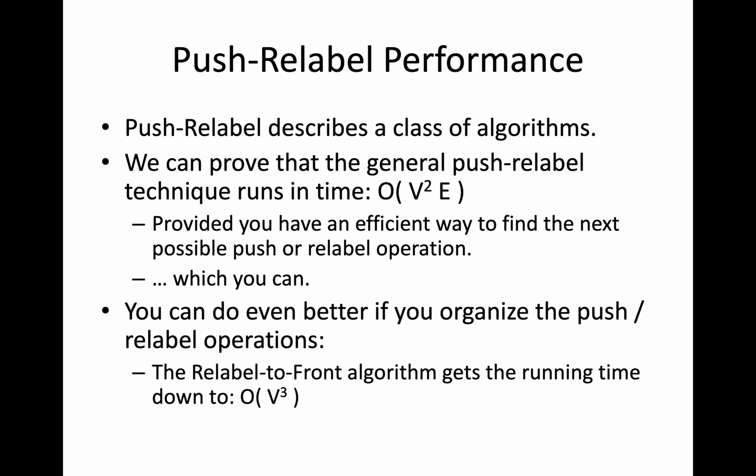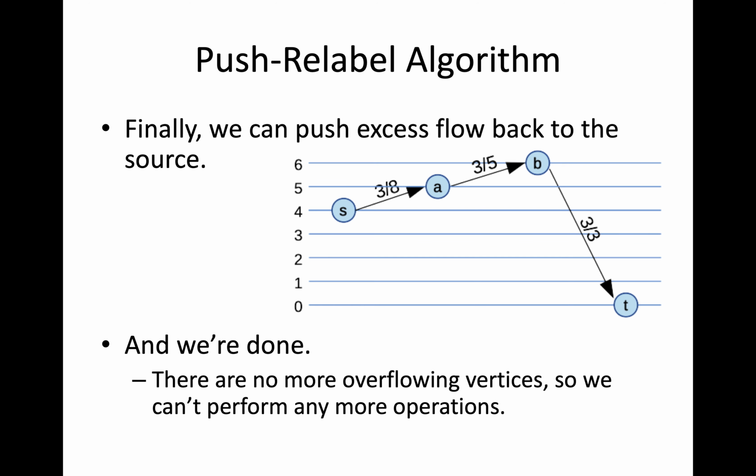I looked at showing the proof for this, and I'm not sure we have time to go through all of that, but the proof for the running time of this algorithm really depends on showing how many push and relabel operations could happen. If you remember when I first started showing this example, I talked about how, initially, as you're pushing from the source to the sink, you've got enough height difference that you could have a chain of vertices getting shallower and shallower on the way from S to T. Here you can see what's going to happen at the end of this algorithm.